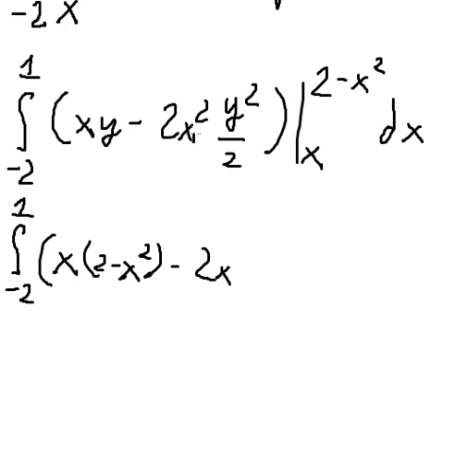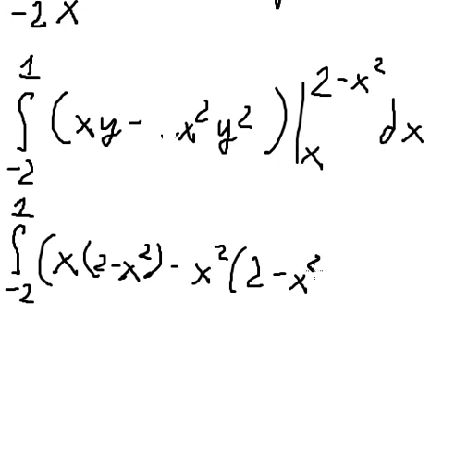So 2 and 2 we simplify. So we just concentrate on 2 minus x squared, everything to the power of 2. Later, this is the bottom, so we put x going here and here.